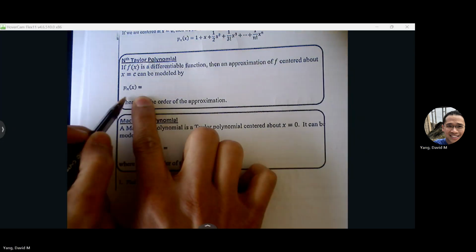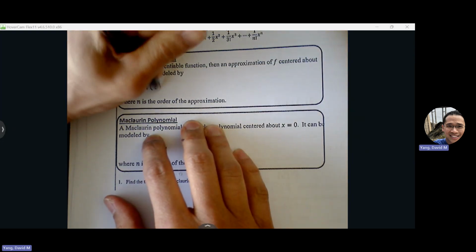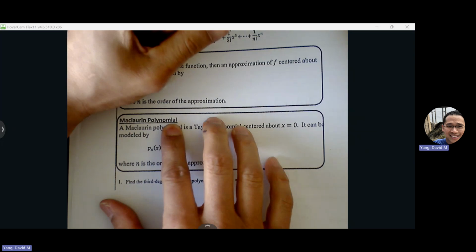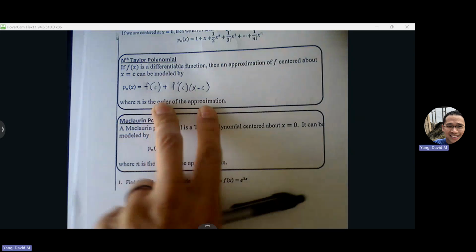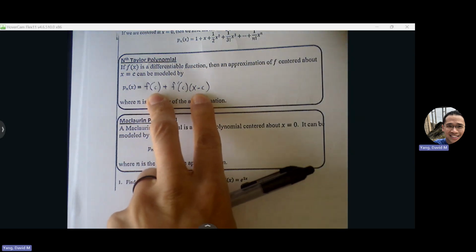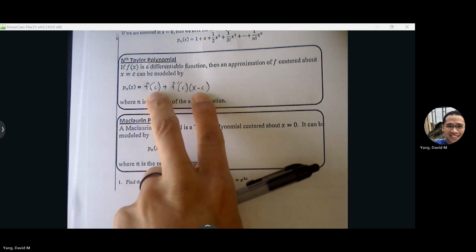So we're going to start off with basically a tangent line equation. It's got to share the same point as the function, and it's got to share the same slope at that point. So initially, it's just a first order approximation.